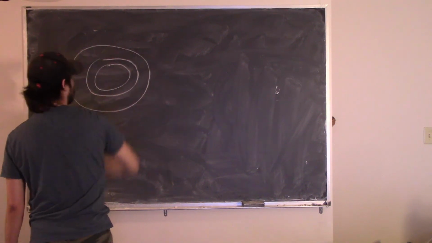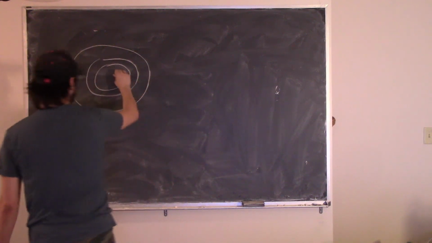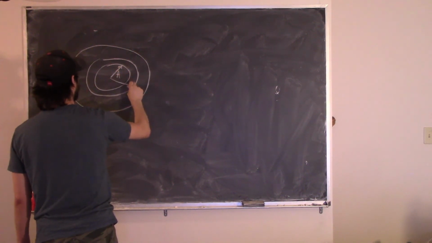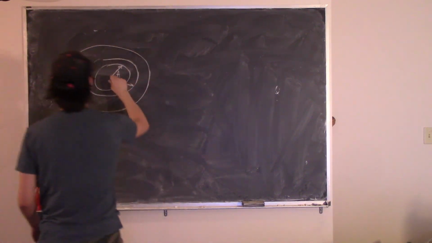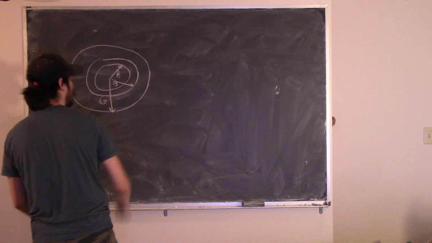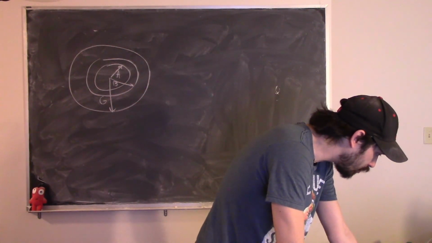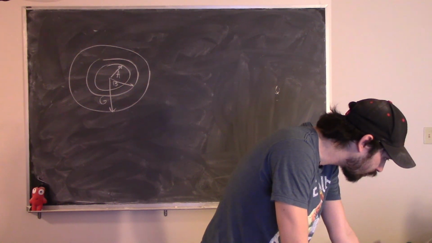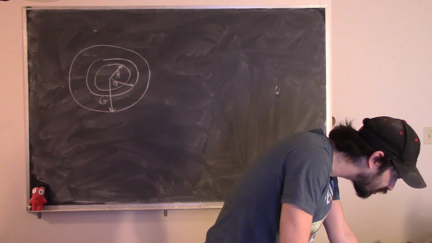So you have this arrangement here where you have some spherical shells of resistivity. This is a radius a, this is a radius b, and then this is a radius g. We know that the region between a and b has some resistivity that I believe is a constant.